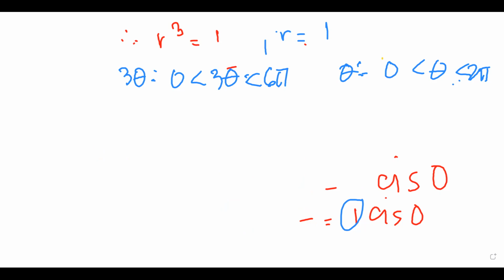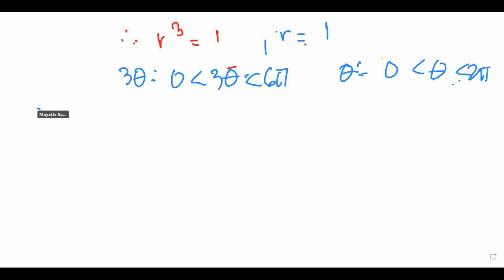Okay, so the roots, therefore. Z1, or W1 as we referred to it before in the example, is going to be, the r is 1, CIS of 0. If theta is from 0 to 2 pi, and it's 3 theta, we will divide it.